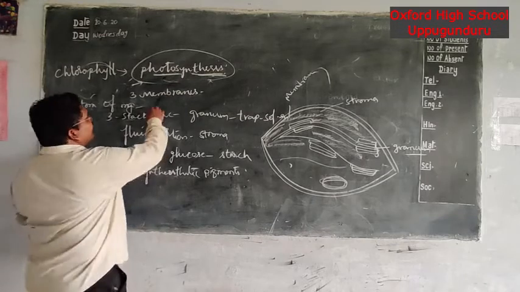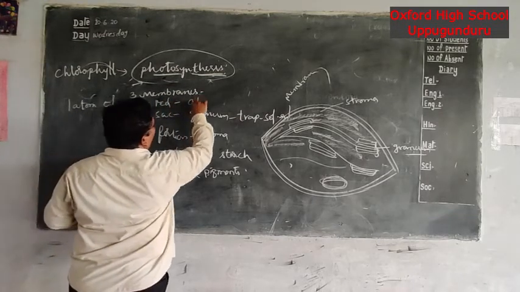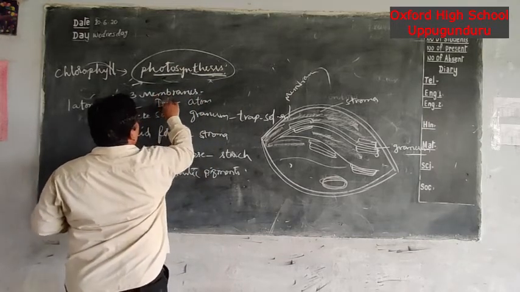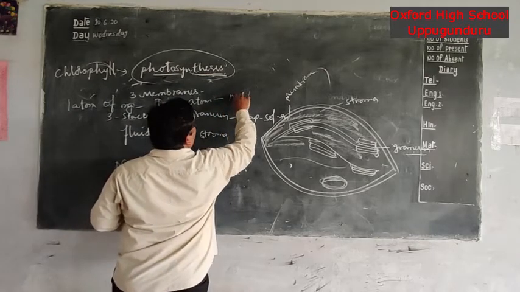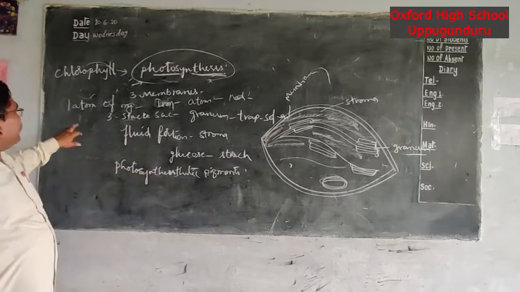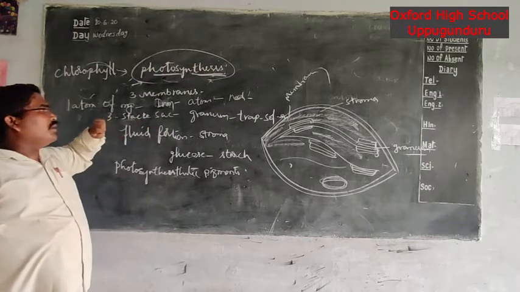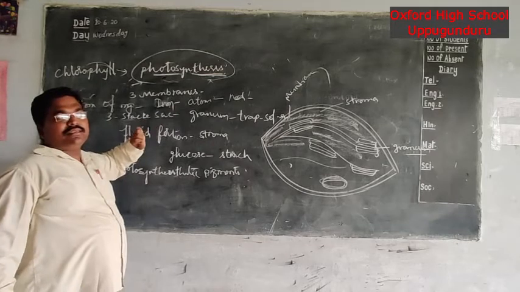So the red substance, the red pigment, contains one atom of iron. It is similar to the structure of heme of hemoglobin, which contains one atom of iron.